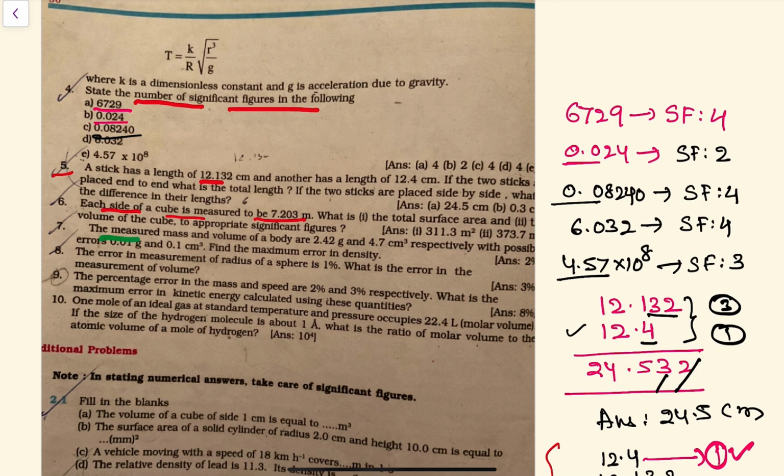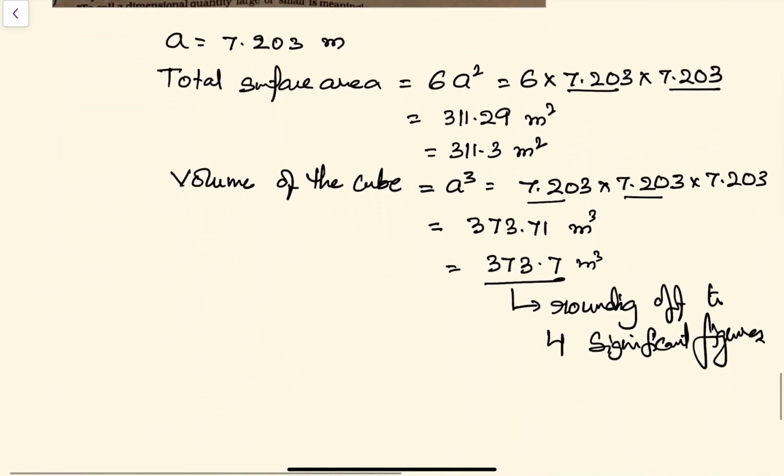the measured mass of the body is 2.42 grams, volume 4.7 centimeter cube. The errors are 0.01 gram and 0.1 centimeter cube. Find the maximum error in the density. Mass is given, volume is given.